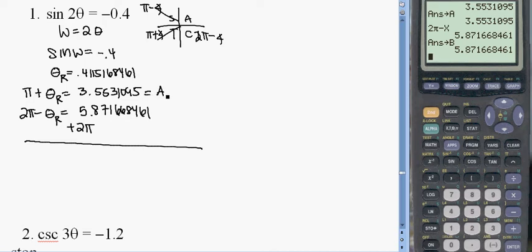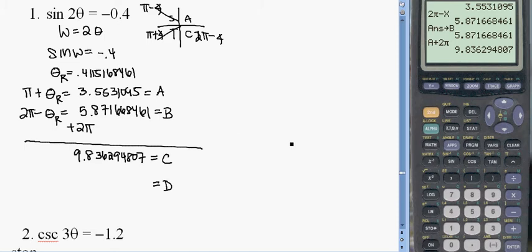So this one is A, this one is B, our next one will be C. So I'm going to do A plus 2 pi, that's 9.836294807.